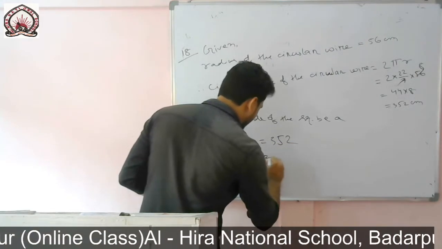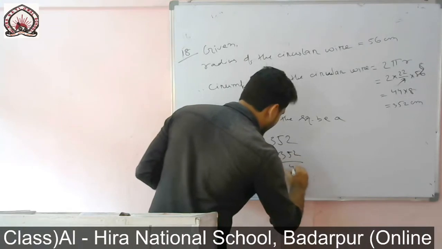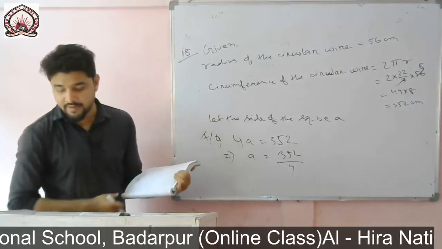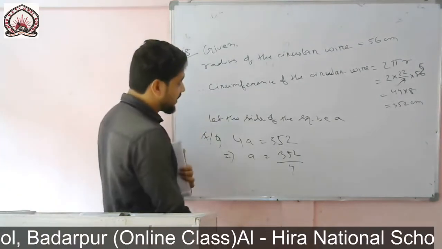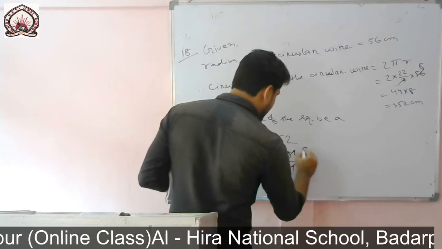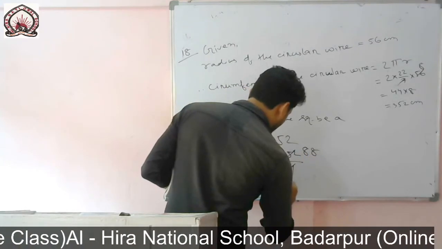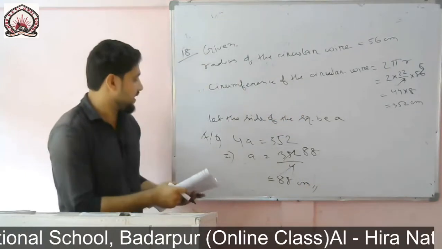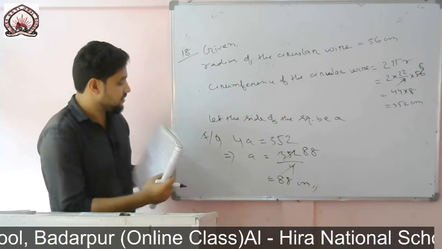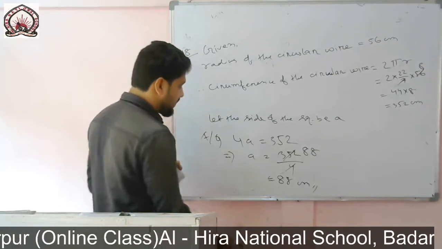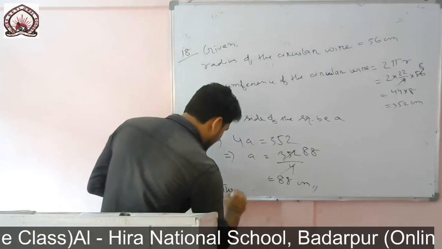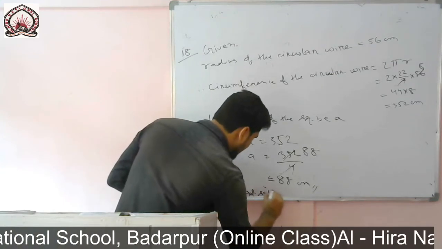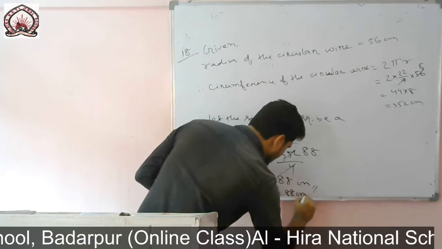So A equals 352 divided by 4. If you cancel, then you will get 88. 88 centimeter is the side of the square. So write the required side equals 88 centimeter.